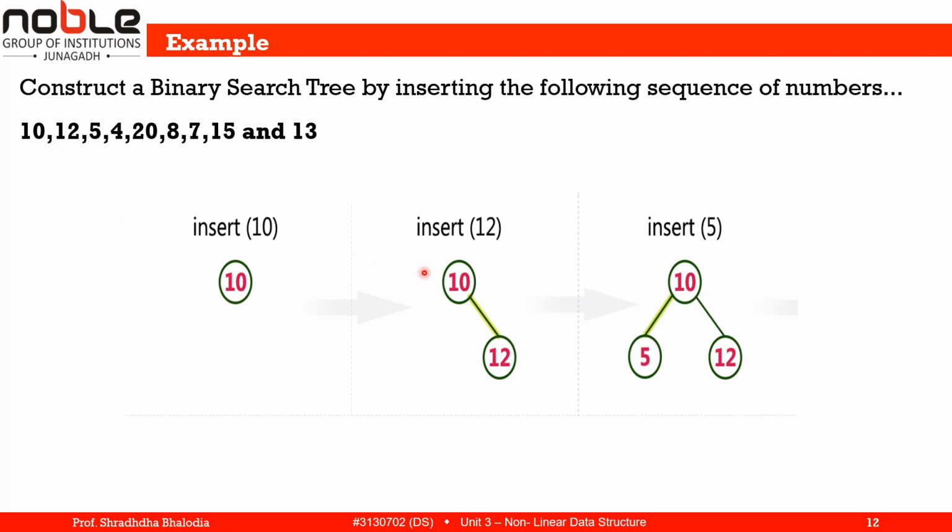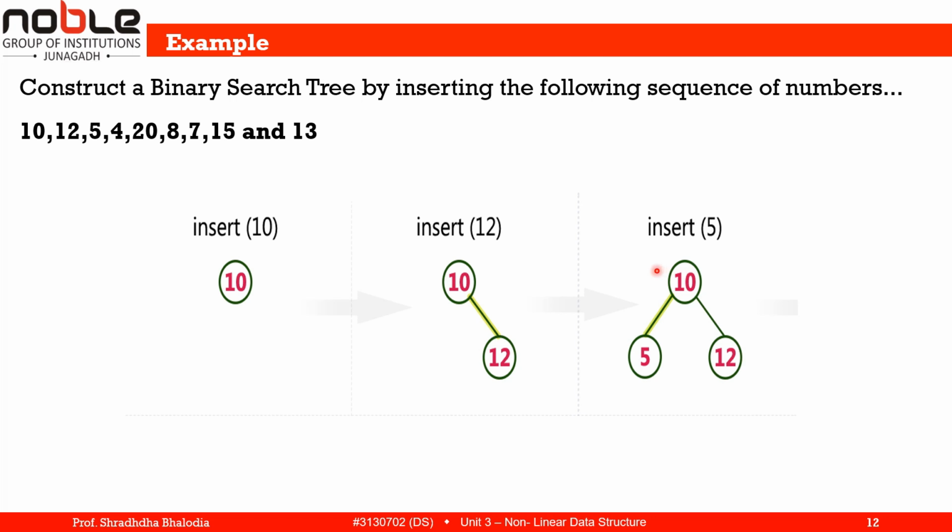Next we insert 12. We check with the root element, which is 10. If 12 is greater than the root element, we put it on the right side. So 12 is greater than 10, and we put 12 as the right child. After that, insert 5. We check 5 with the root element 10.